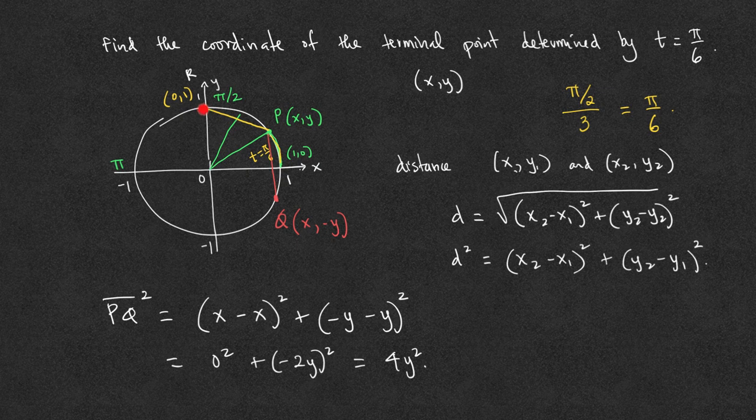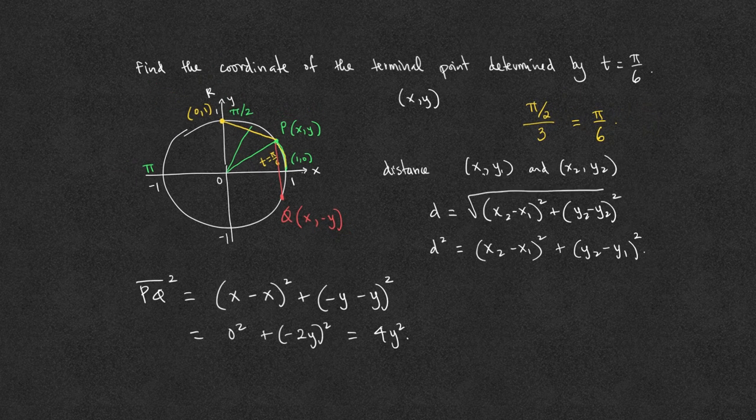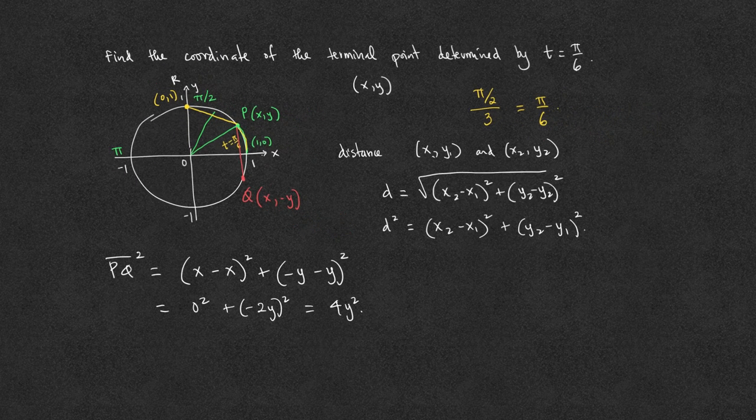The distance from P to R, using the point P as the first point x1, y1 and the point R as the second point, the distance formula would give us the distance squared of PR is x2, 0 minus x1, x squared plus y2, 1 minus y1, y squared.